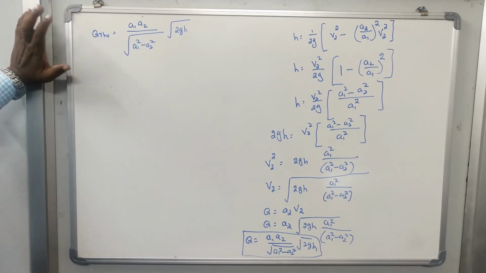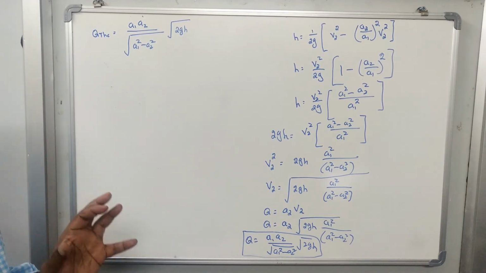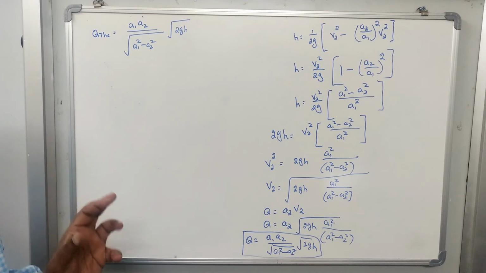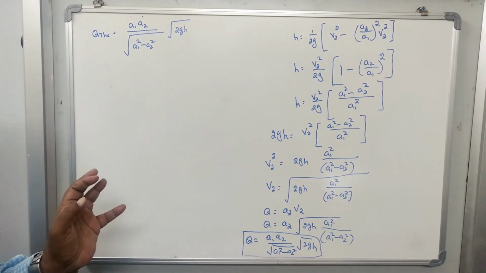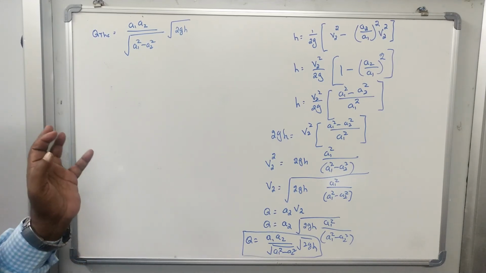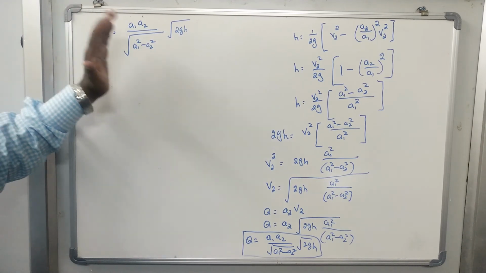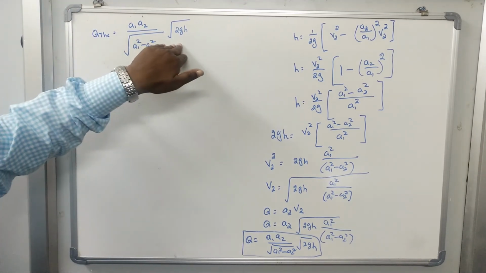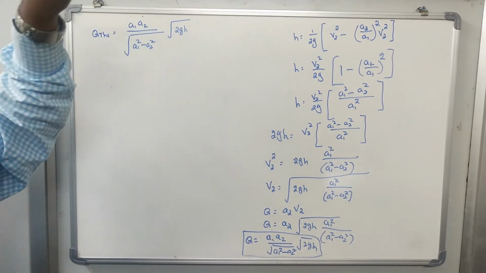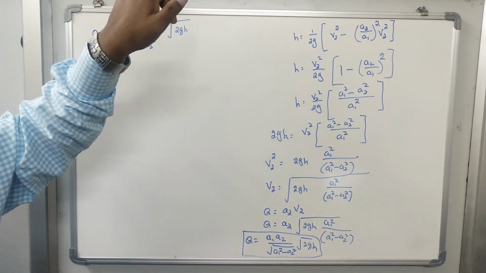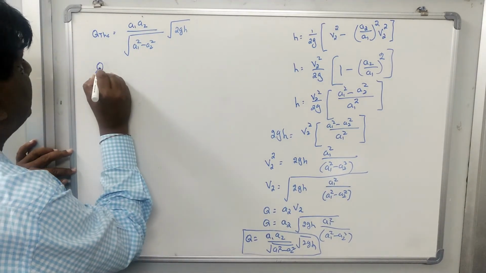Why? Because a real fluid, meaning water, has viscosity. Because of that viscosity, you will get a certain resistance force. So whatever discharge you get from this theoretical equation will not give the correct, exact value of Q. That Q we call the actual discharge.